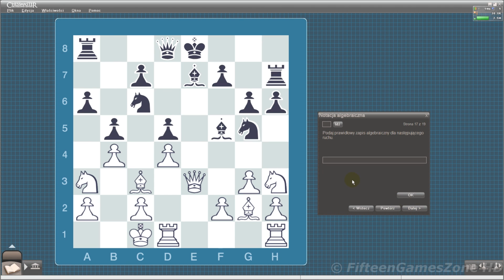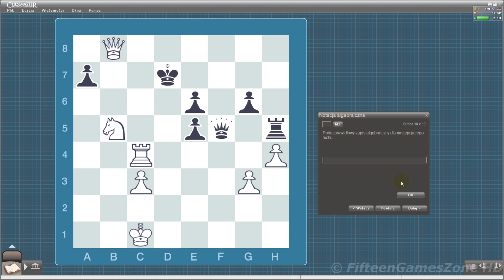Type in the correct algebraic notation for the following move. Correct. Type in the correct algebraic notation for this move.